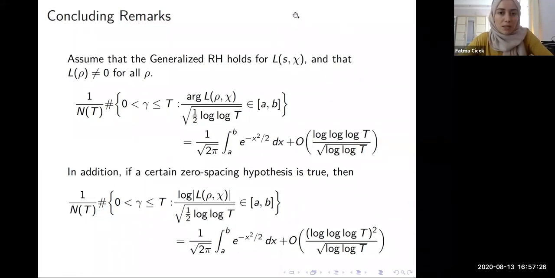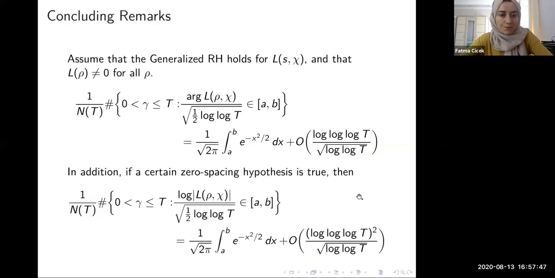Since we will look at the L-function at the non-trivial zeros of the zeta function, we need to assume that the L-function does not vanish at the zeros of the zeta function. And we expect to have the same distribution results.